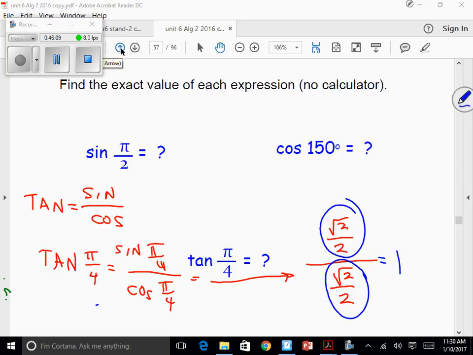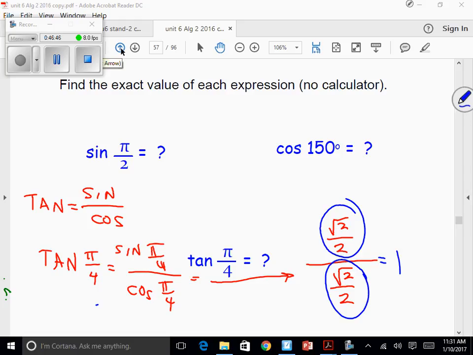Here's what I want you to do. Please punch in sine of pi over 2 into your calculators. So go back to clear. Oh, I'm sorry, you hit blue button, mode, blue button, quit. Now I want you to hit sine, pi.